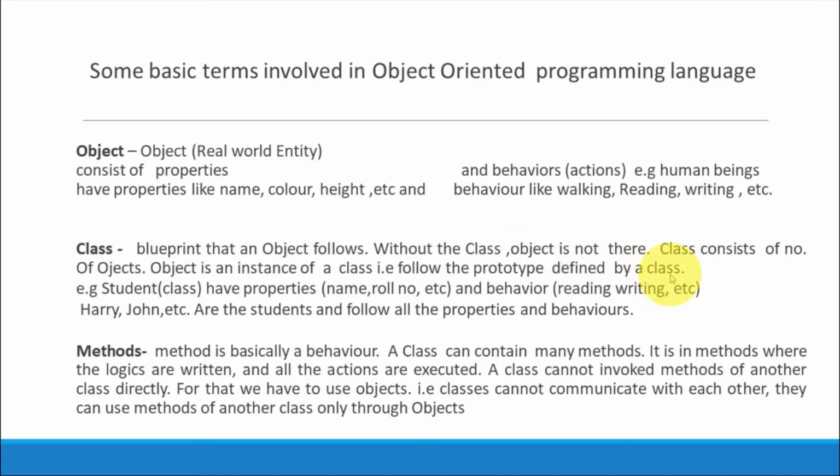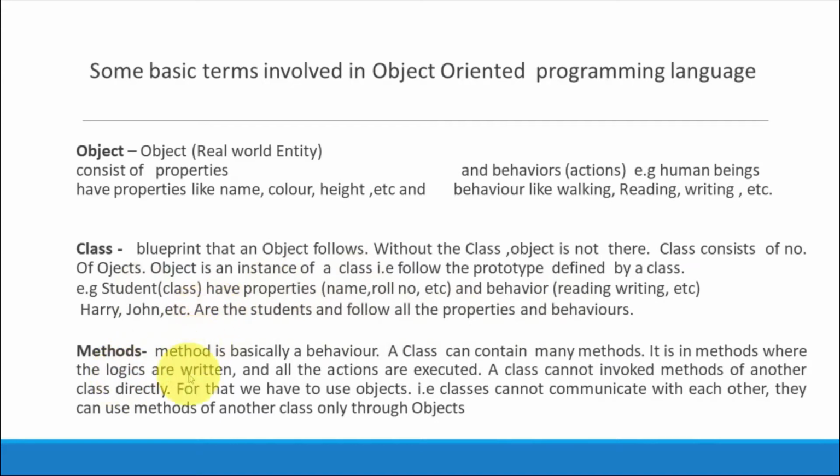It should have all the features which are defined by the class. For example, take a class Student. They have properties like name, roll number, etc., and behavior like reading, writing, etc. So Harry, John, etc., they are students, and they follow all the properties and the behaviors of the class Student.